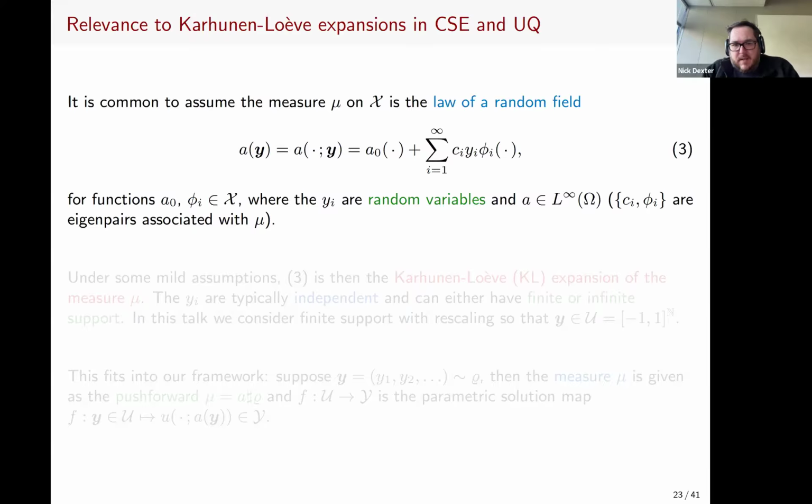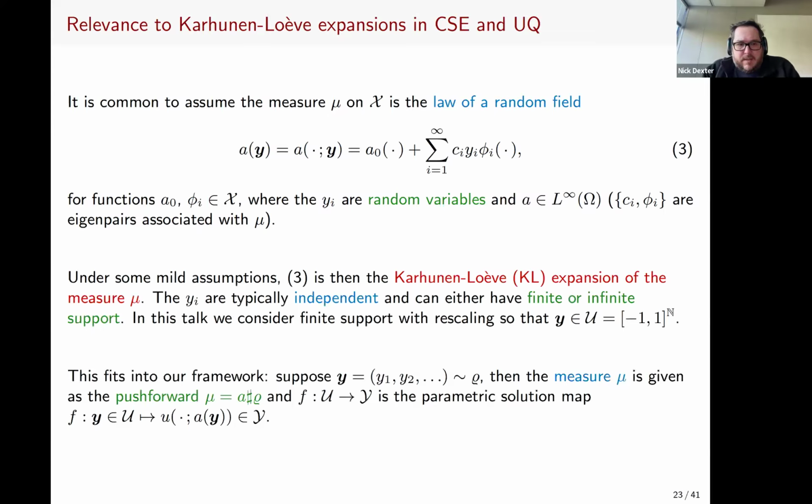The c_i and phi_i are eigenpairs associated with mu. Under some mild assumptions, this equation is then the KL expansion of the measure mu, and the y_i are typically independent and can have either finite or infinite support. In this talk, we consider finite support with rescaling so that y is in -1 to 1 to the n. This fits into our framework.